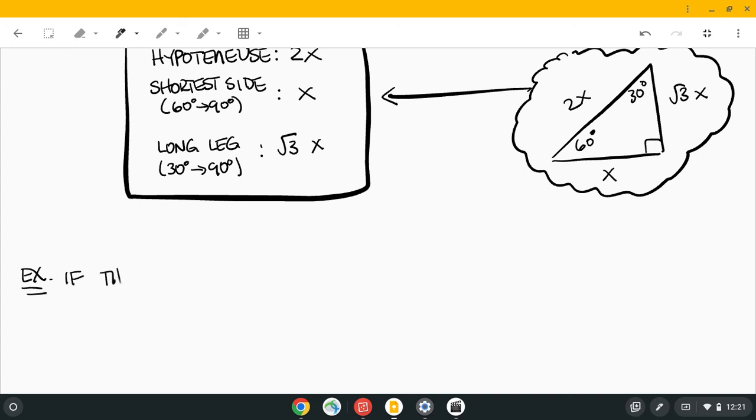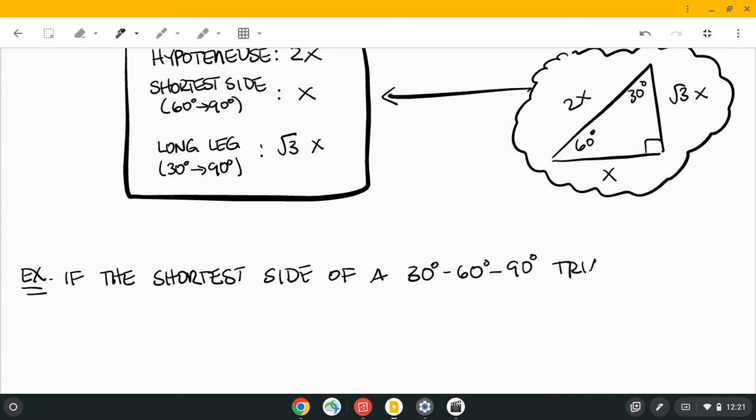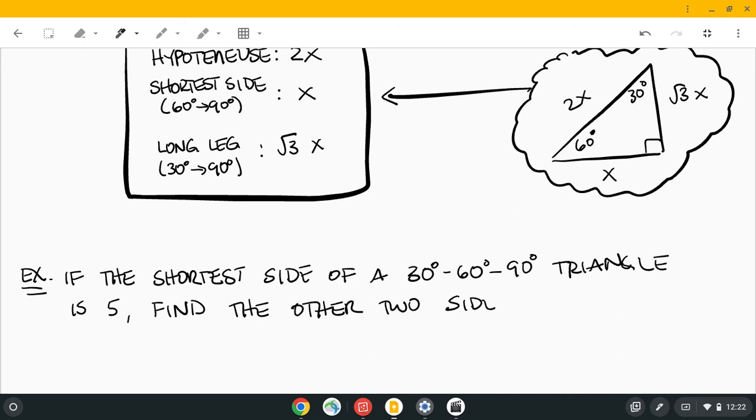If the shortest side of a 30, 60, 90 triangle is 5, find the other two sides.